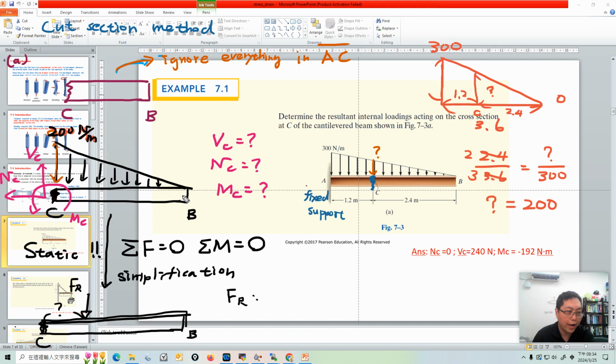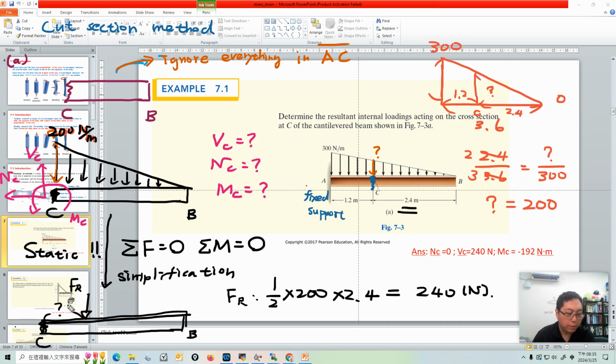This is a right triangle. So the area is 1/2 times 200 times the length, which is 2.4. That's your resultant force, so it's 240 Newtons.